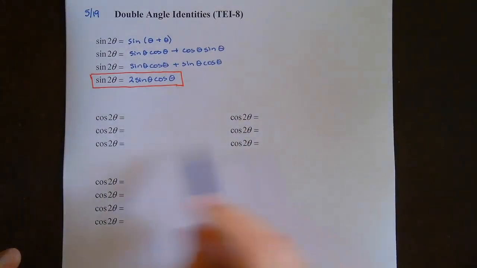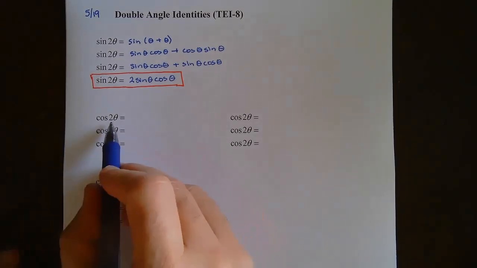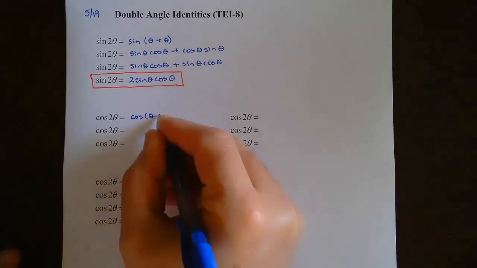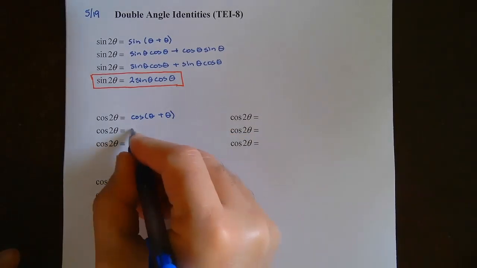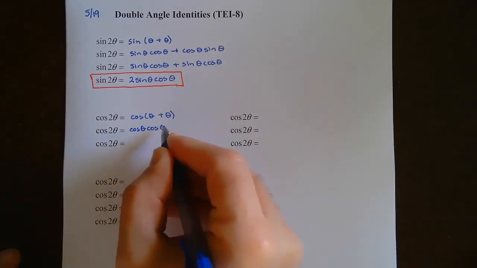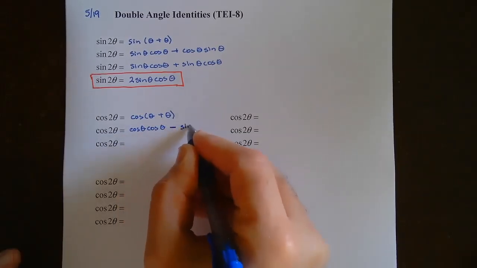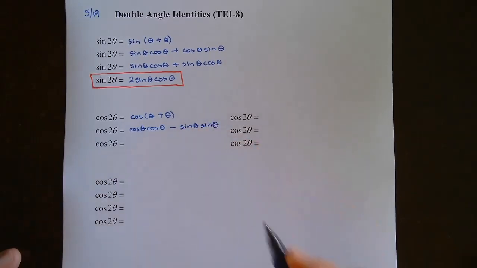Cosine 2 theta: you notice here that there are 3 of them, and the reason is there are 3 different versions we can do. It's the same idea, though. Cosine of 2 theta is really just cosine of theta plus theta, because theta plus theta is 2 theta. So this is cosine theta times cosine theta, and remember, it's the opposite, so it's minus sine theta times sine theta.